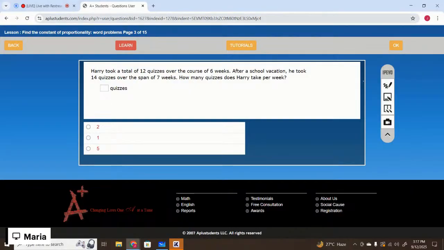Harry took a total of 12 quizzes. After a school vacation, he took 14 quizzes over the span of 7 weeks.